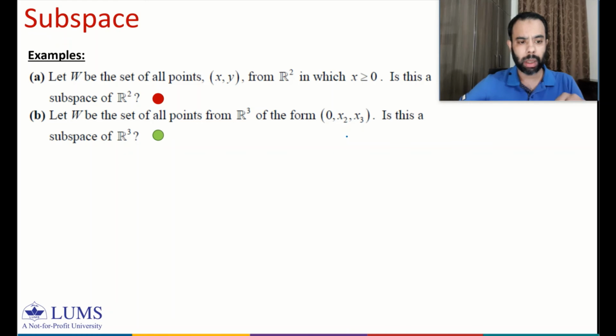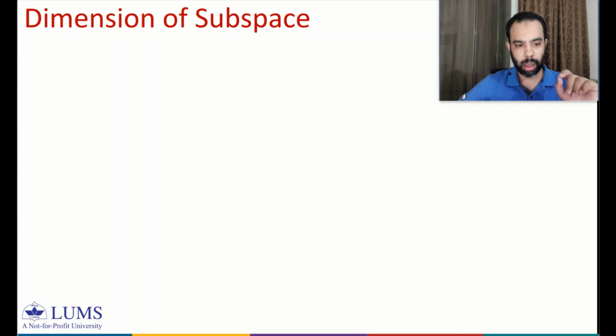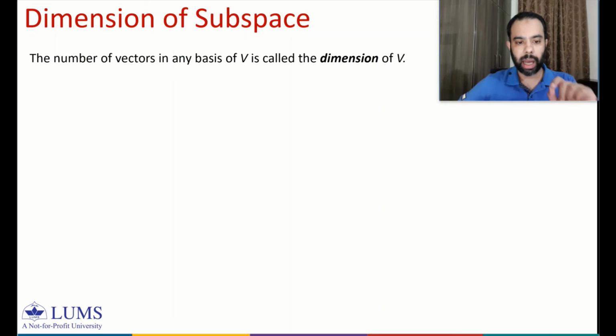Let's also talk about the concept of dimension of subspace. So we say the number of vectors in any basis of V is called the dimension of V. For any vector space or subspace V, the dimension of V is given by the number of vectors in any basis of V. We know that a non-zero subspace has infinitely many different bases, but they all contain the same number of linearly independent vectors.